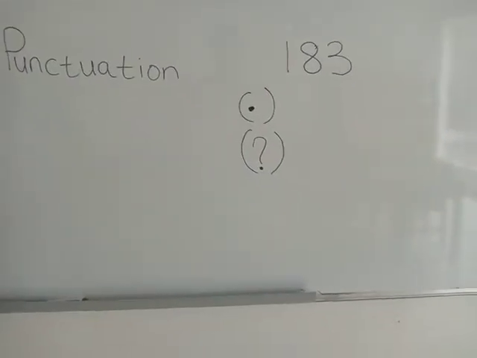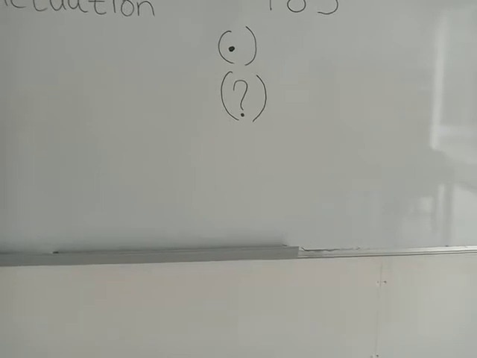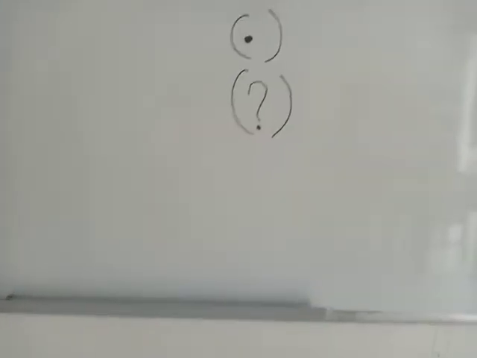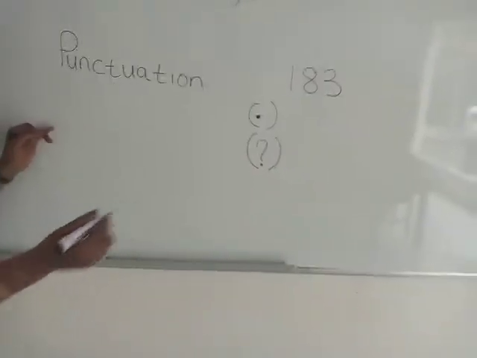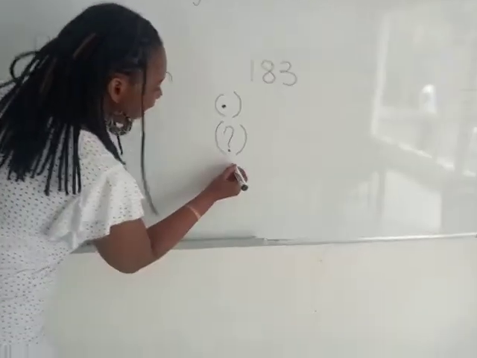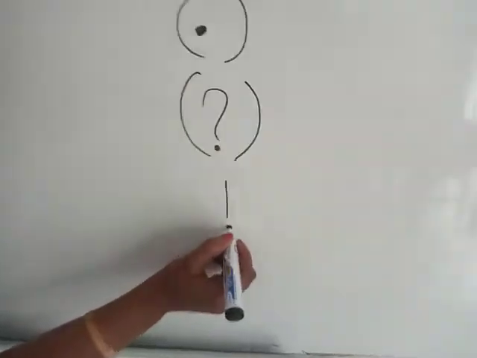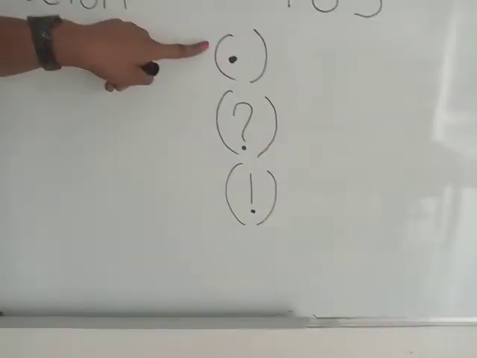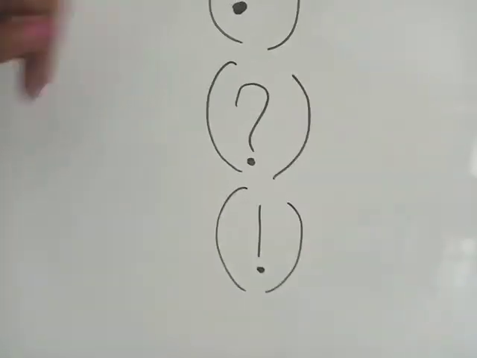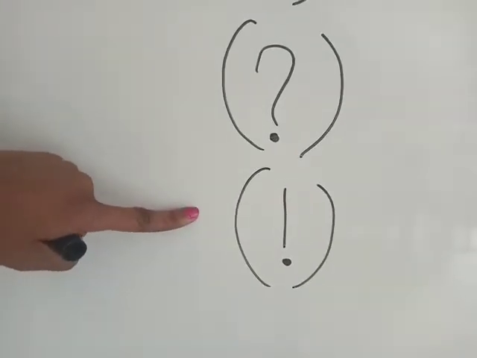We said that a surprising sentence shows strong feelings or emotions, okay? And when you have such sentences, we use an exclamation mark at the end. So this is an exclamation mark. So we talked about a period, a question mark, and an exclamation mark on Monday.